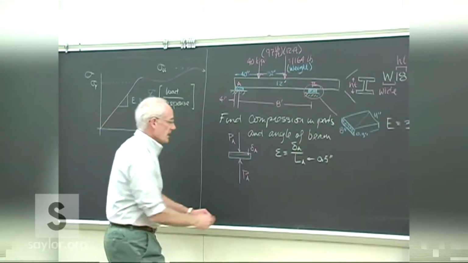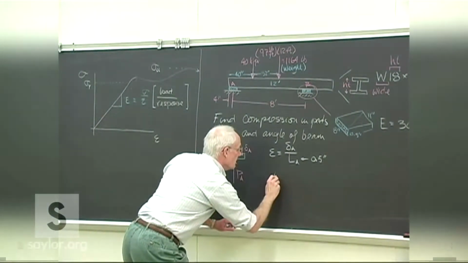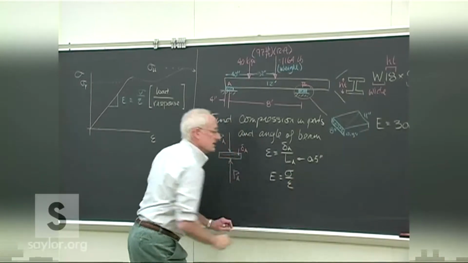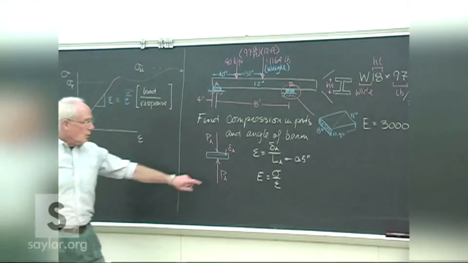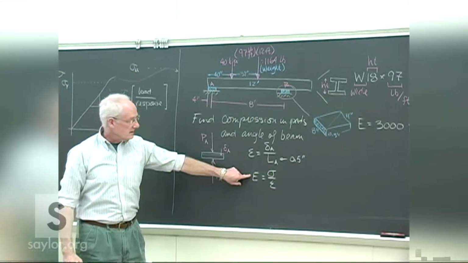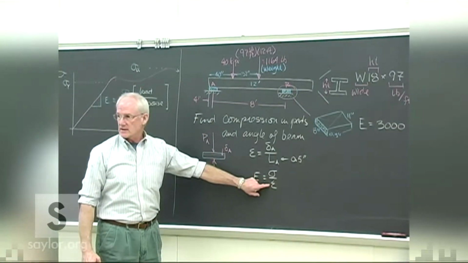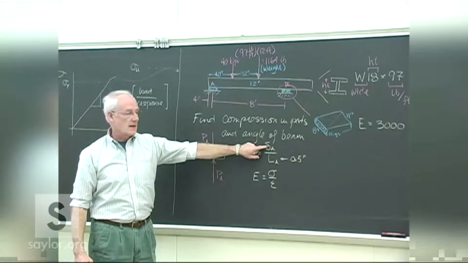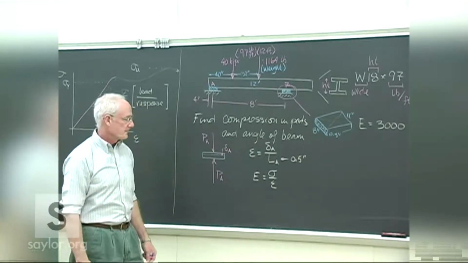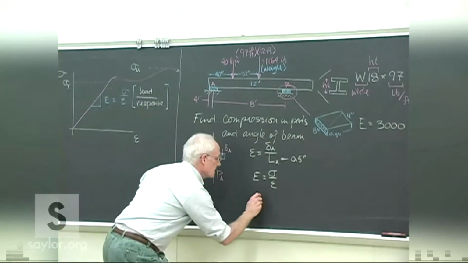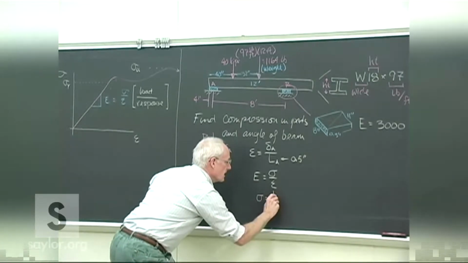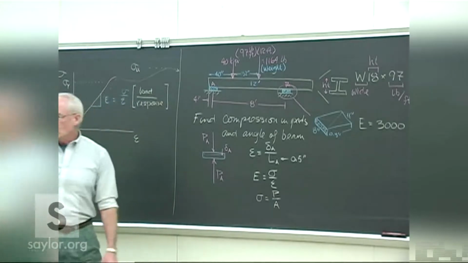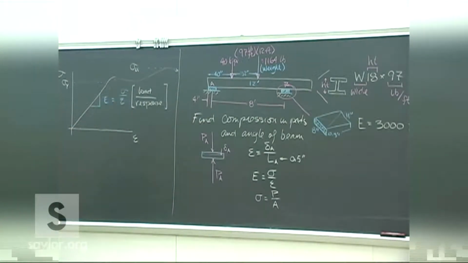Well, the only other place strain comes from so far for us is in this modulus of elasticity. We know that for the pad, so if we knew the stress, then we could find the strain. Once we know the strain, then we can find the deformation of the pad. And the stress, of course, we can get from looking at whatever the load is and what's the area absorbing it.